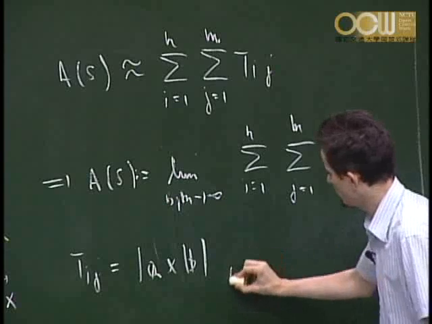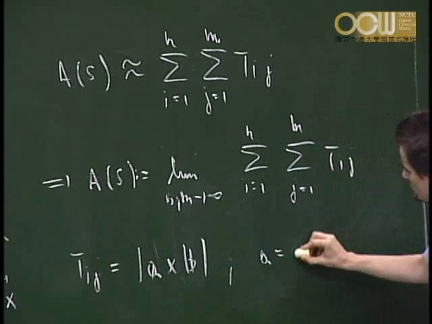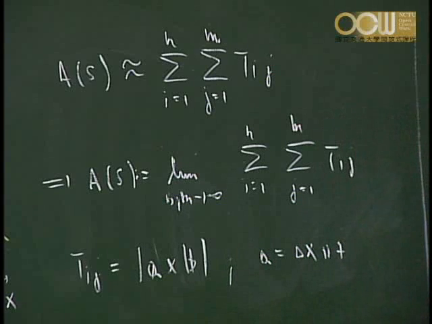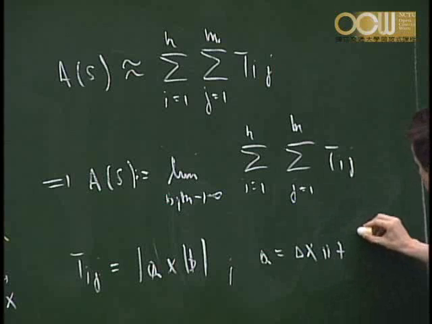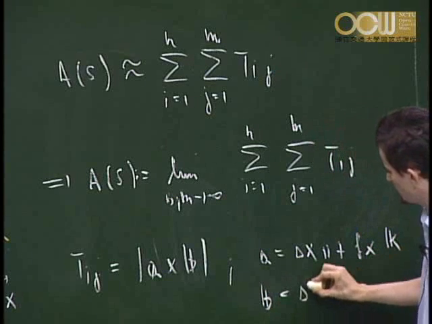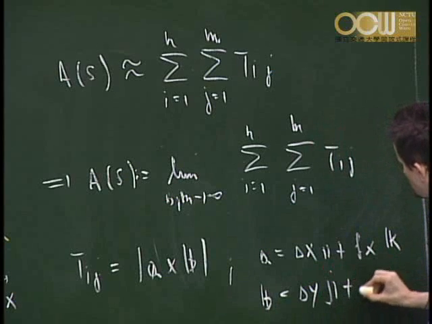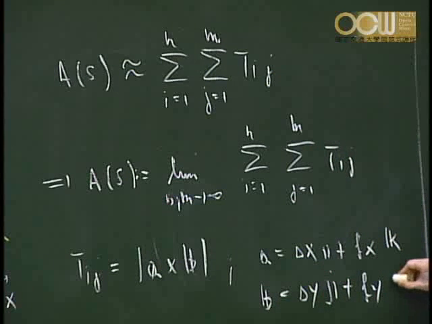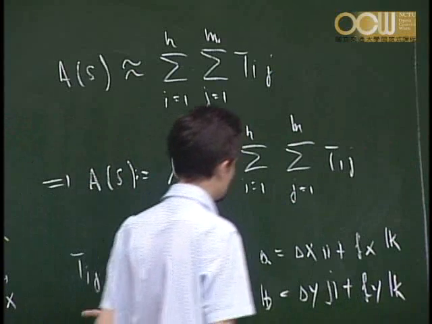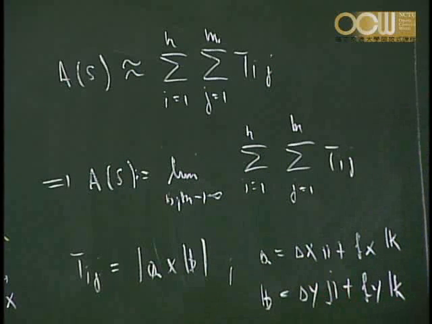So for A you can choose delta x times i plus, in z direction, the partial derivative of f with respect to x evaluated at the point times k, and for B you have the same, but delta y in j direction, and the partial derivative with respect to y times k. Okay, so this will help us to compute this quantity Tij.